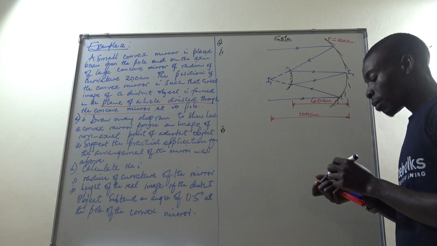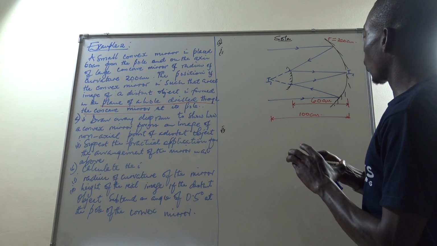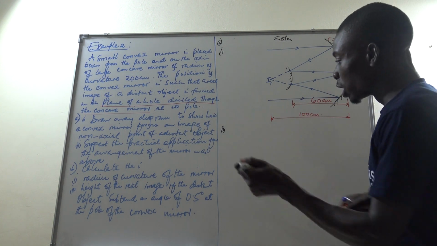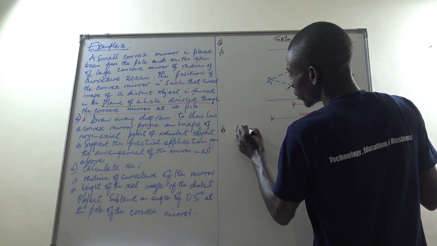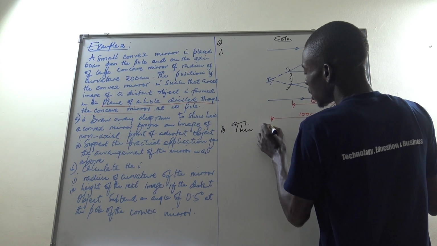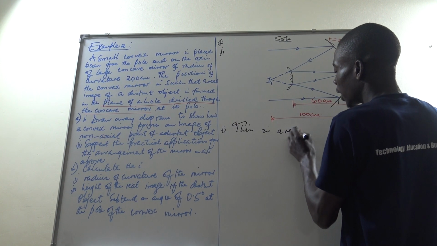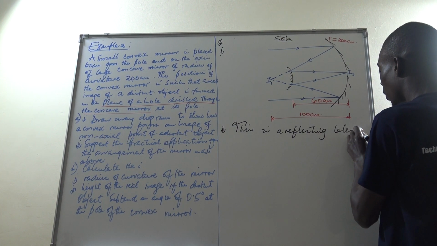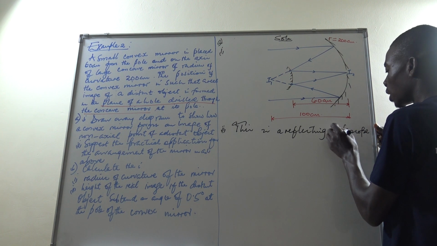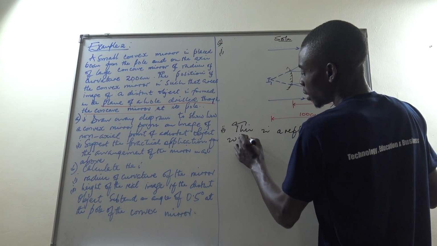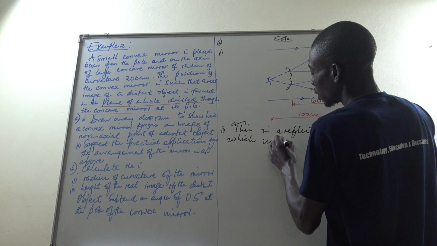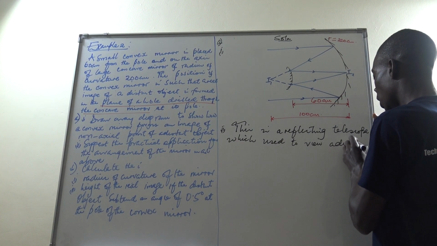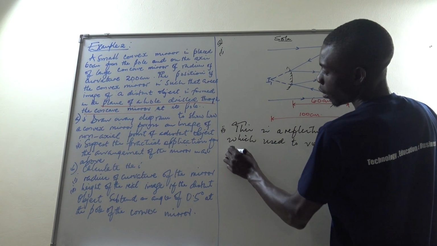Basically, as of now, we may not get it all that well because this is an optical instrument which is called a reflecting telescope, which is used to view a distant object.